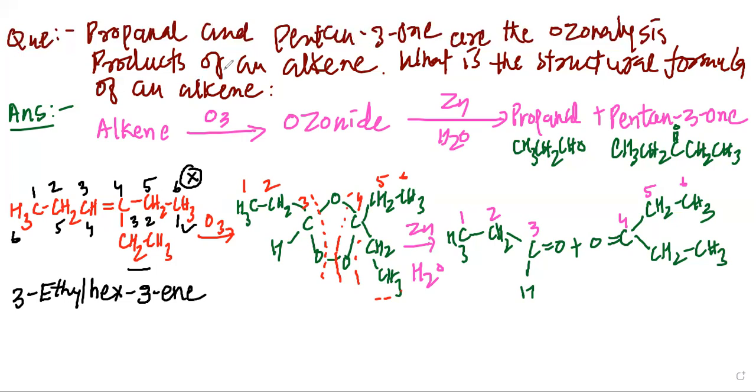This is how we can write the structural formula of the alkene, and we can even write the IUPAC name. I hope, my dear students, you have understood it well. If you have any doubt, you can ask me. If you do not reply, I'll understand that you have understood it well.